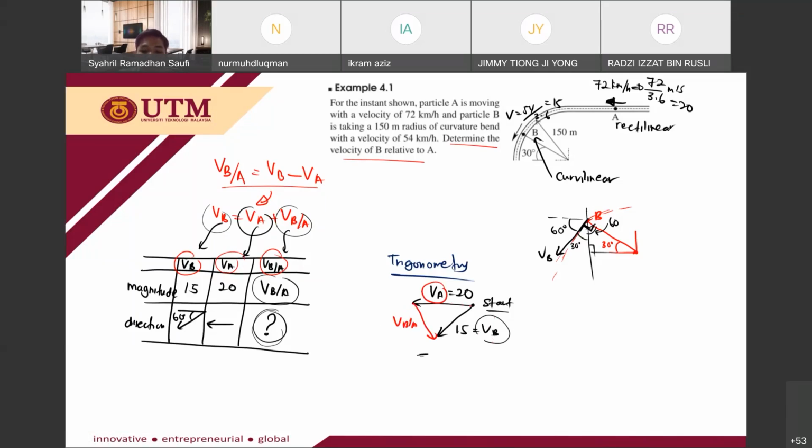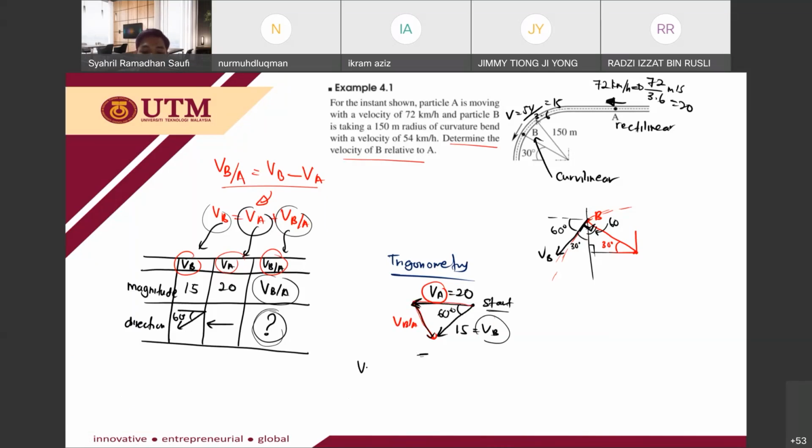So you will notice the flow here: VA plus VB slash A is equal to VB. The direction of the vector VA plus VB slash A is equal to VB. Here you know the angle, 60 degree.